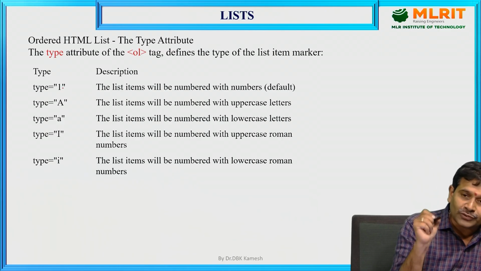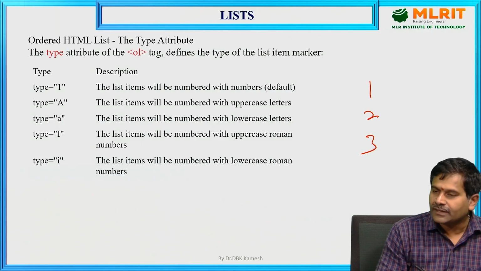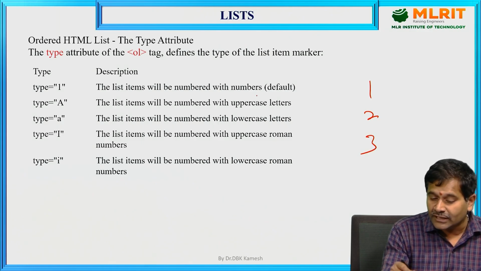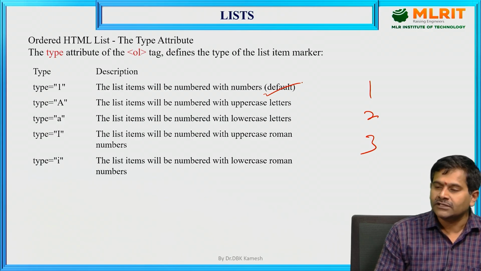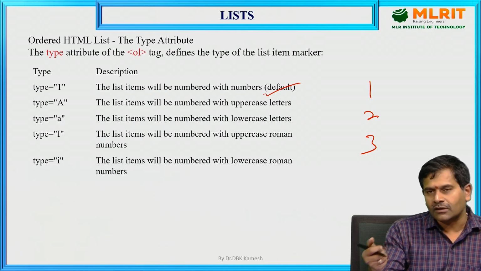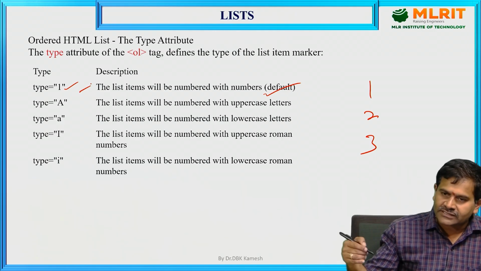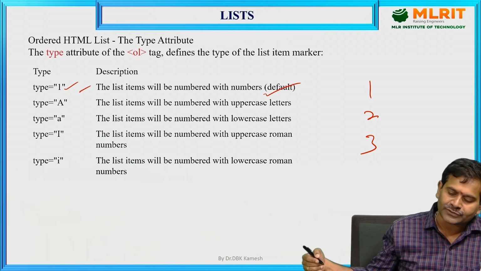Right. Next one. Ordered HTML list, the type attribute. First one, if you use 1, 2, 3 or serial numbers, the list items will be numbered, that is called the default one. Whether you mention it or not, it is 1, 2, 3, 4, from starting to ending, however many items you want to place.